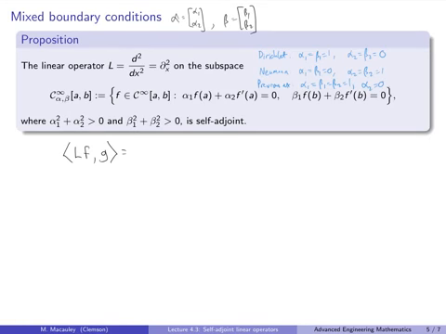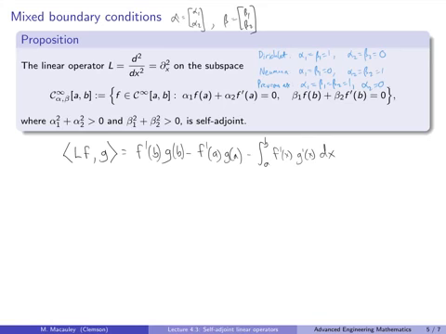But this is F prime of B times G of B minus F prime of A times G of A, and then minus the integral from A to B of F prime of X, G prime of X dx.